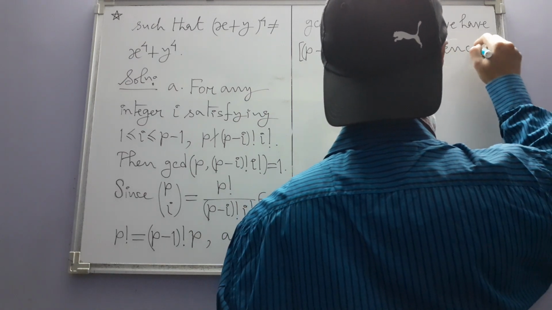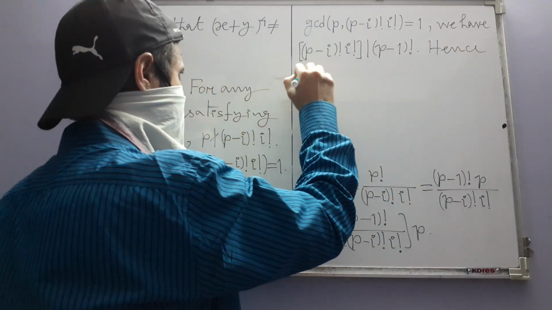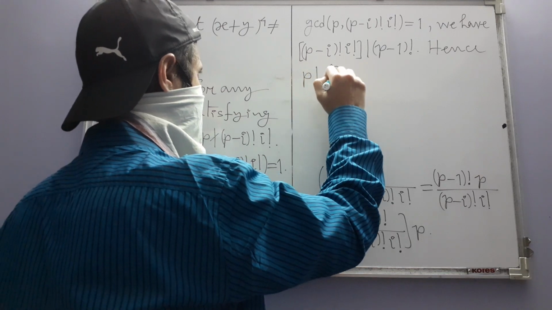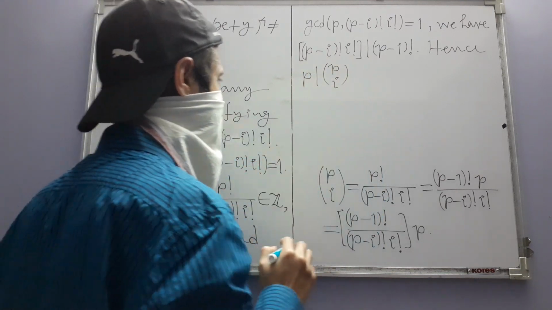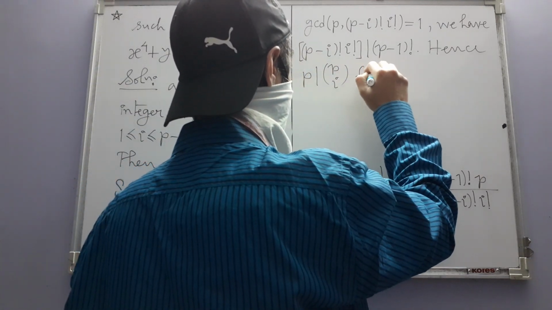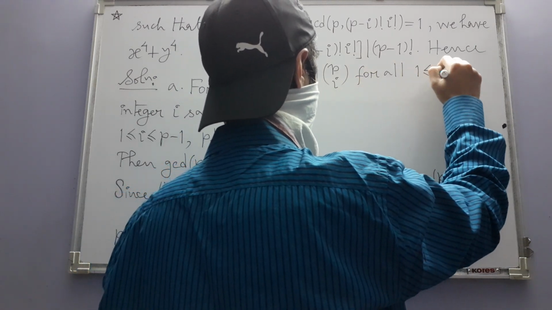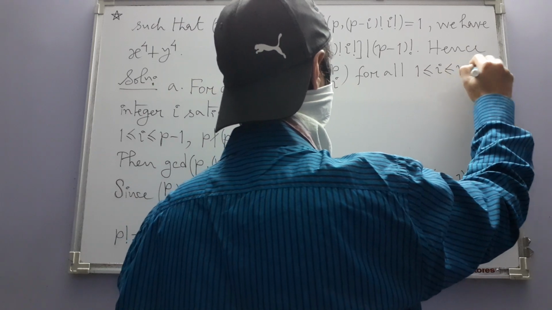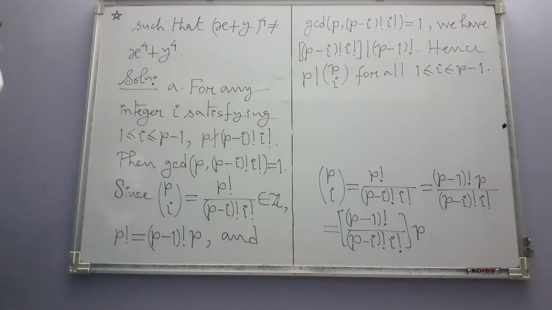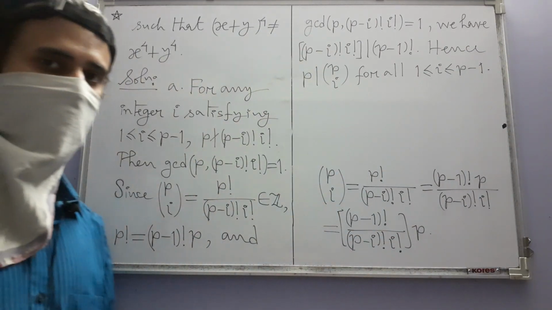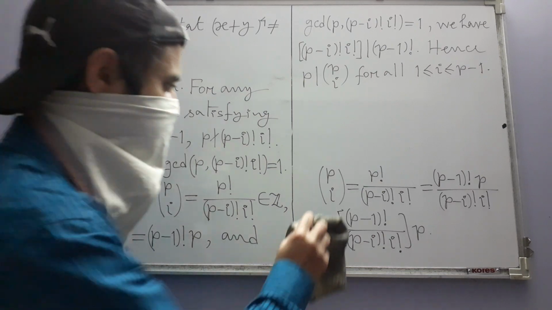Hence, P divides this binomial coefficient for all integers I in this range. Now we use the binomial theorem.